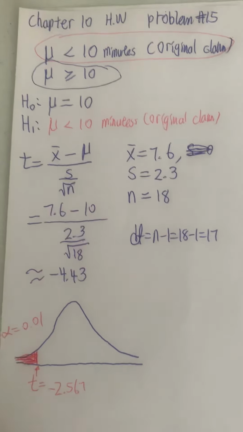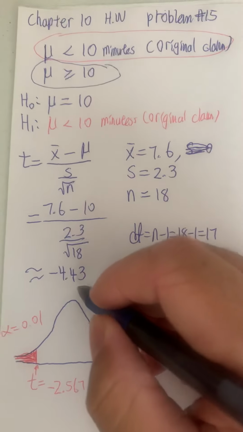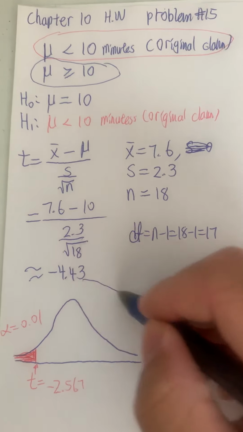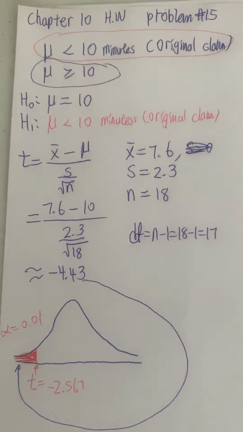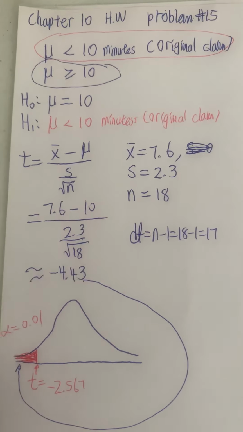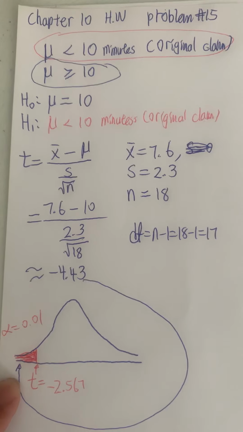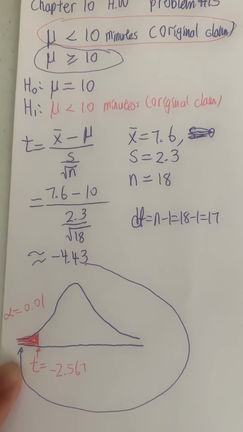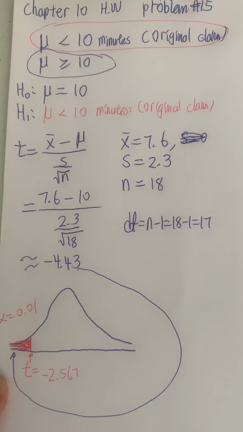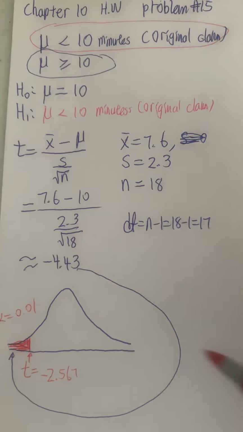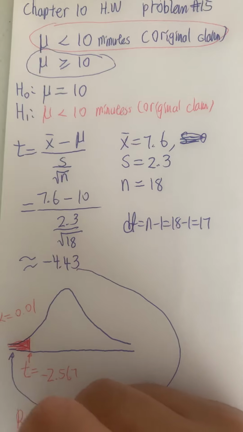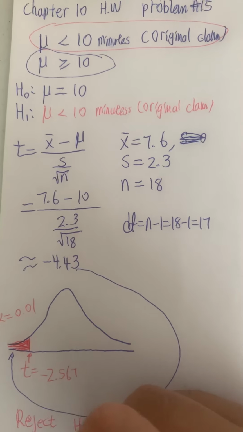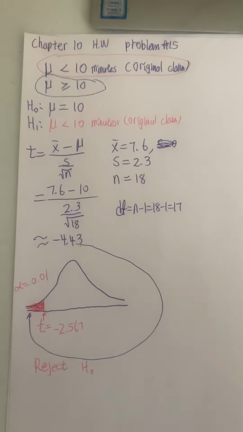And then negative 4.43 is less than negative 2.567. So this number is inside the rejection region. So we reject the null hypothesis because it is in the rejection region.